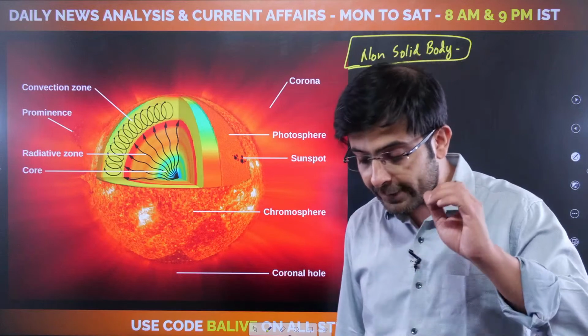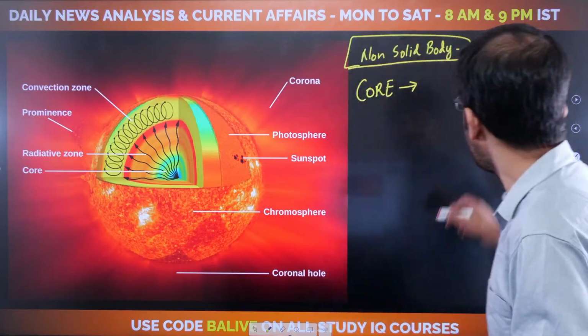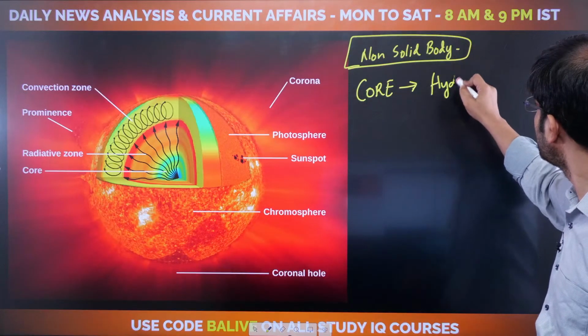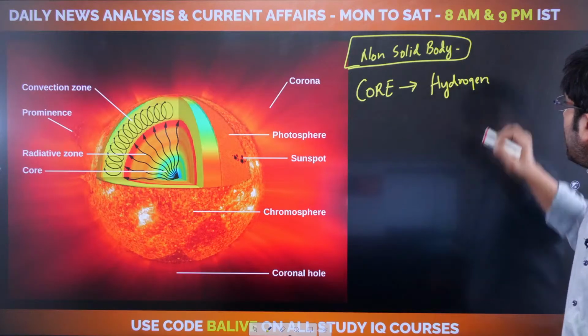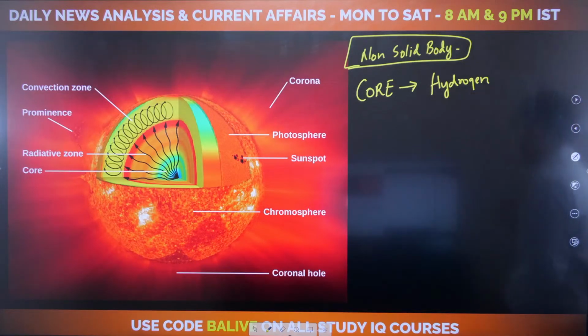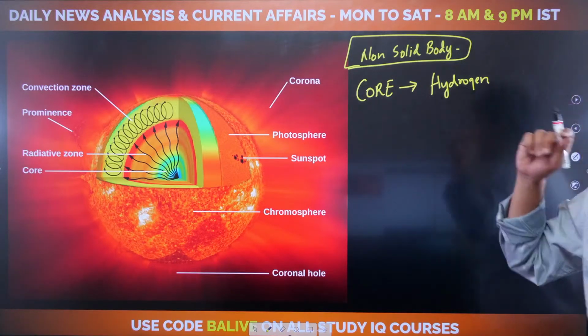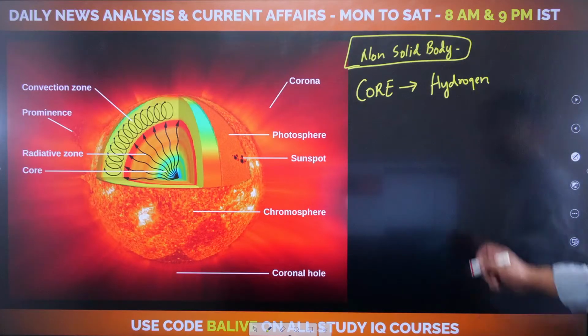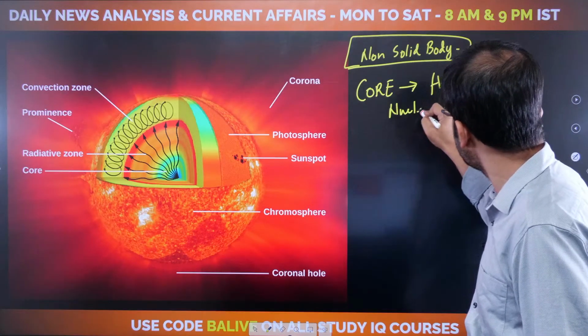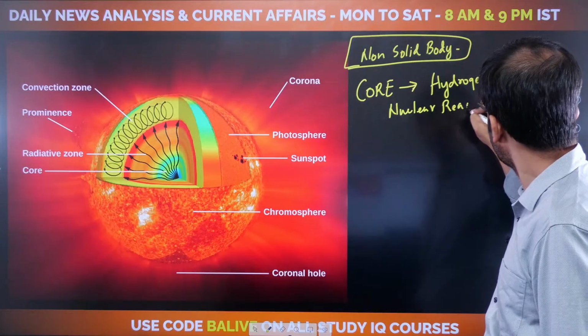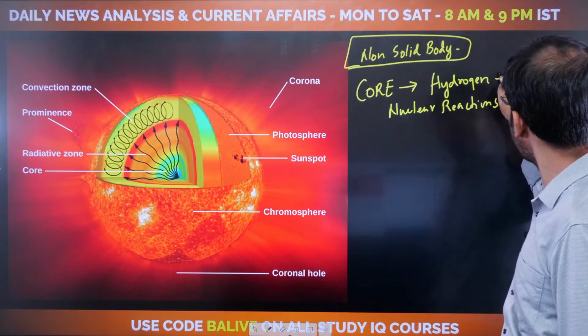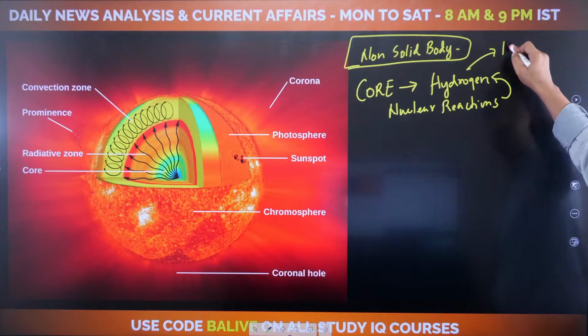Exactly at the core of the Sun, the whole story is of just two particular things, hydrogen and helium. Nuclear reactions are taking place here, and they are consuming hydrogen to release helium.